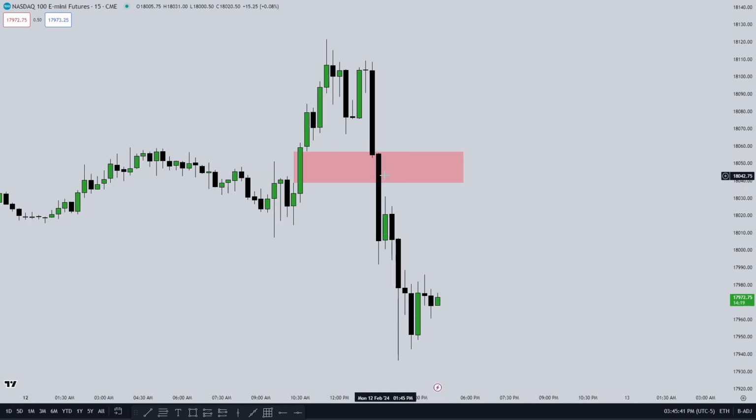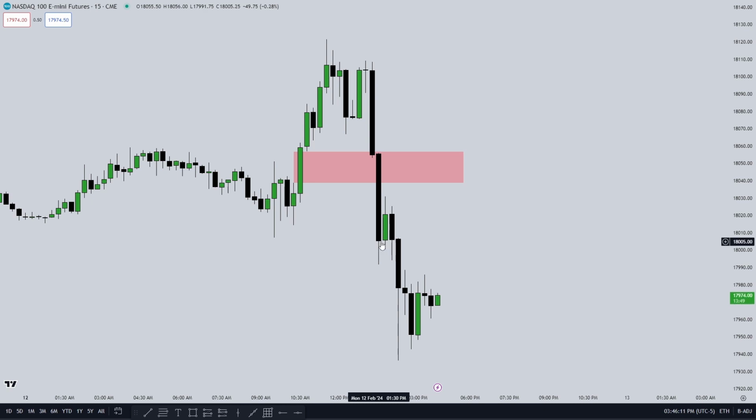So let's look right here, in this candle. At the top left, it's going to show us all the candle values. So this candle right here, as you can see on the top left, the candle close was 18,005.25. And the candle close right here, you can see on the right hand side next to the price, is 18,005.25.